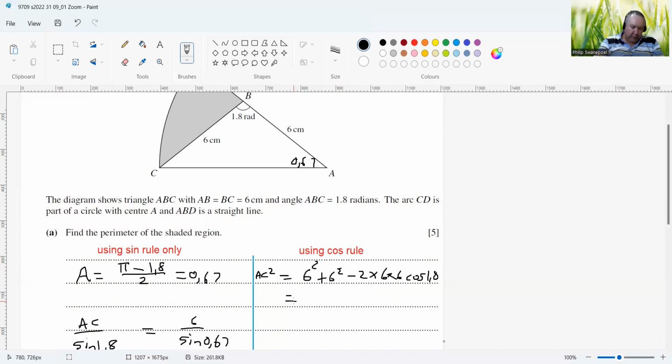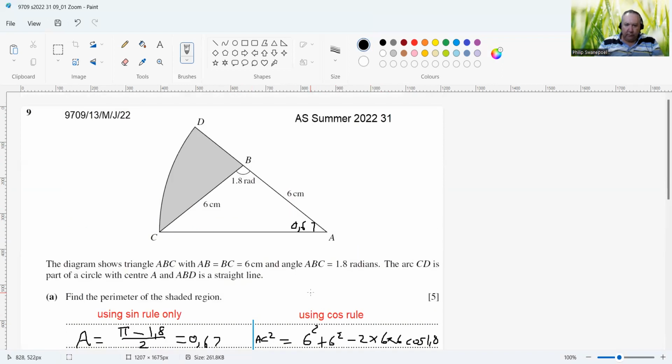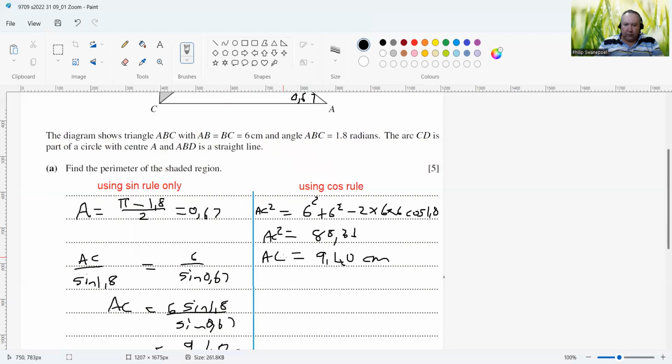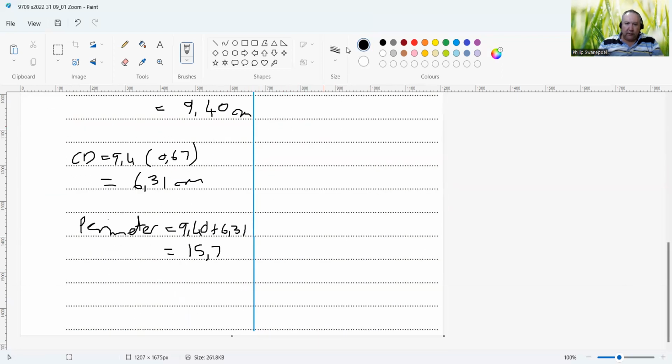Okay, so that will be 6 squared minus 2 times 6 squared, which will give us 88.36, and that's on par to bring us equal to 9.40. Okay, so now we have the same length for AC, and all the other calculations will stay the same.